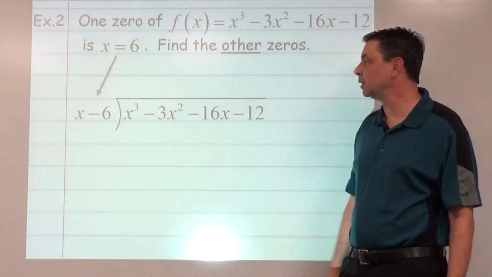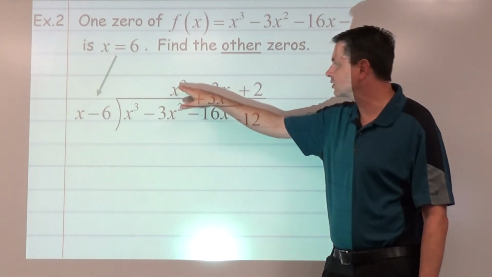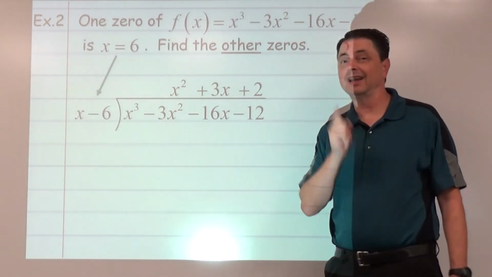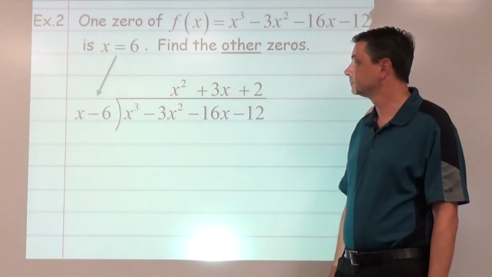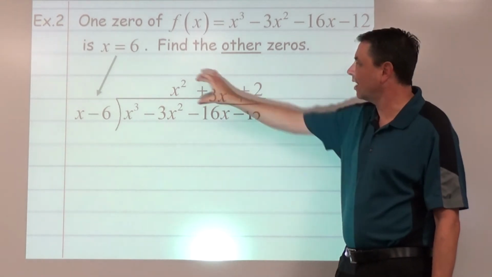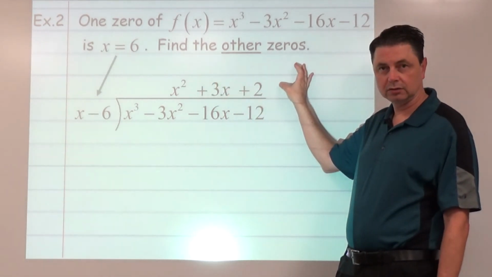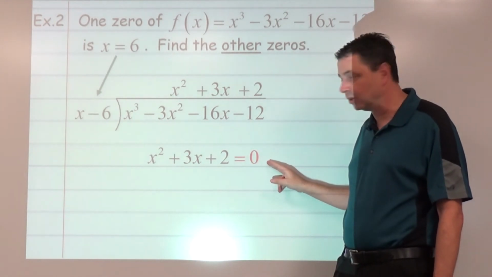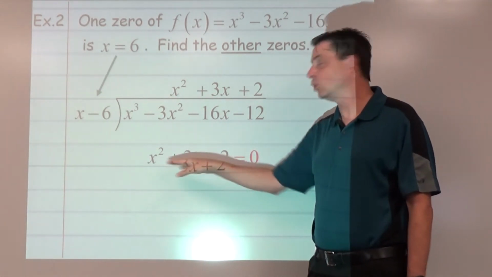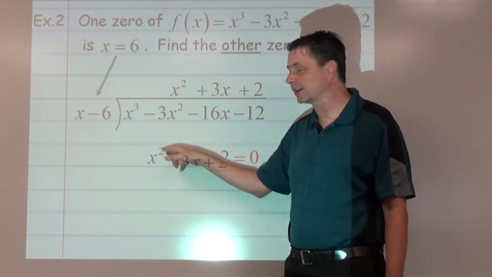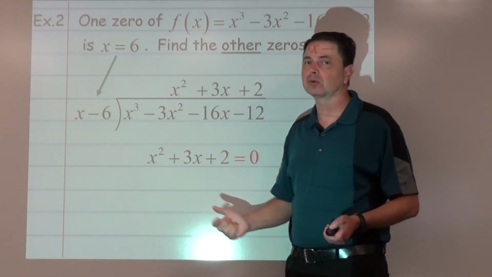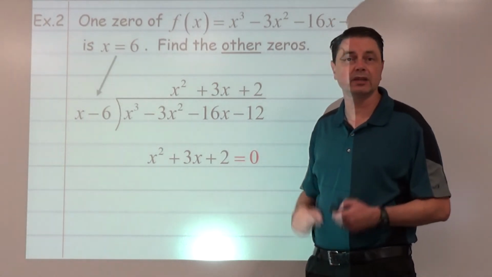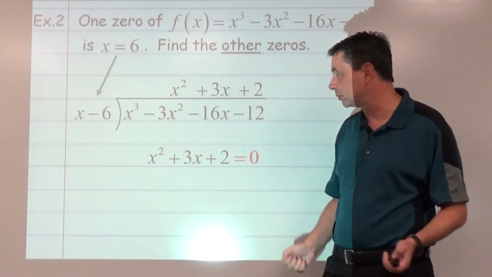All right, what we should have come up with is x squared plus 3x plus 2 after you've done the division, and the remainder was 0. So that's now a factor. If we're looking for zeros, we can set it equal to 0 and solve this. And once we're down to a quadratic, back in Unit 3, we had lots of practice on that, whether we do factoring, square root method, complete the square, or quadratic formula.